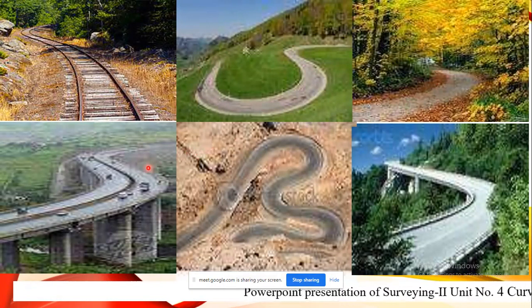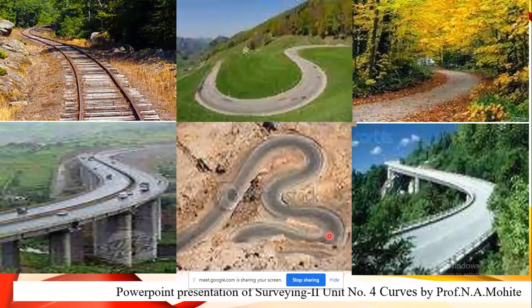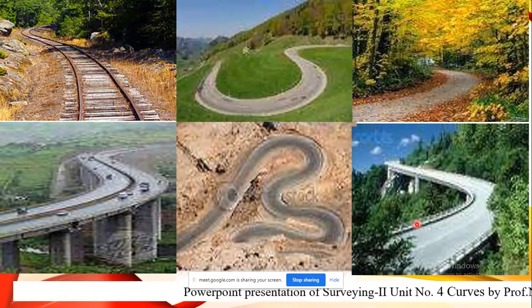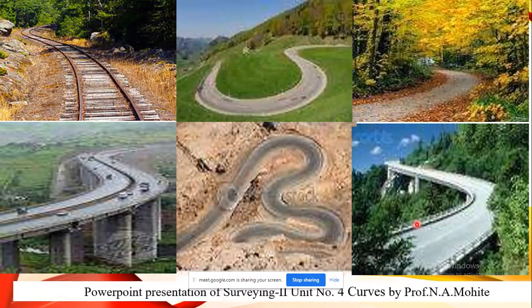Likewise it has also been given to bridges, wherever there is change, you can see it here. Also you can see how the curve is here, and this is the curve. So these are the various photos of curves.